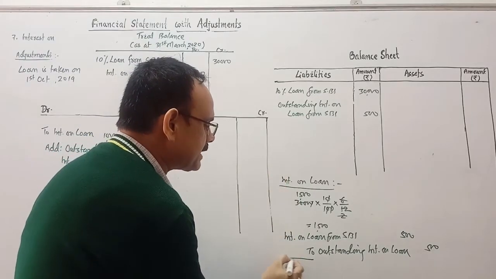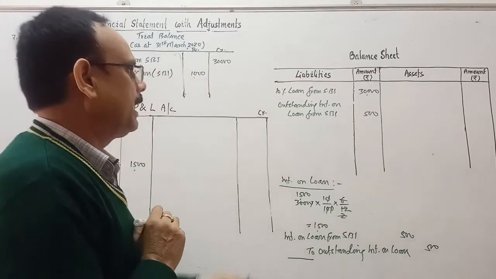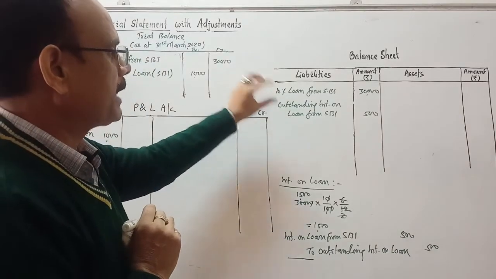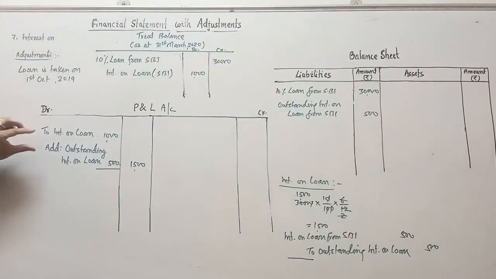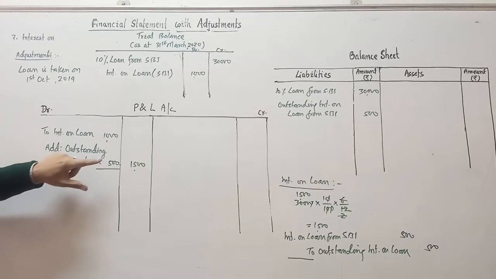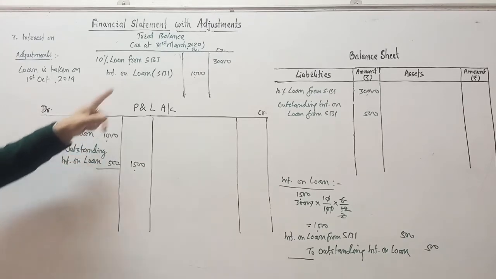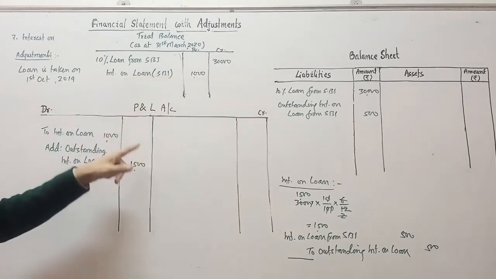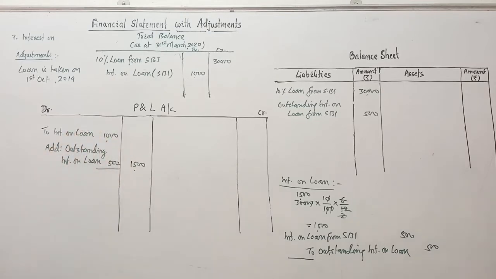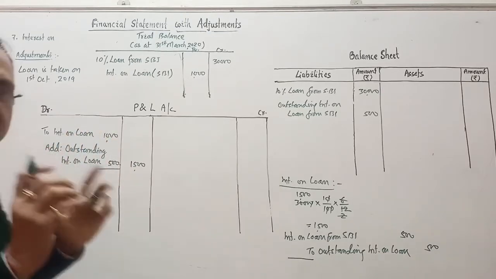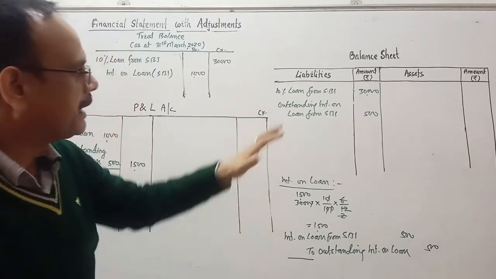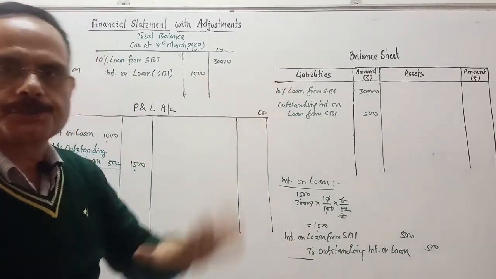These are the adjusting entries. In the balance sheet, this will be reflected on the liability side, and in the profit and loss account, this outstanding part will be added to this amount to know the total interest on loan. Then we will get the true net profit and we will understand the true financial position.